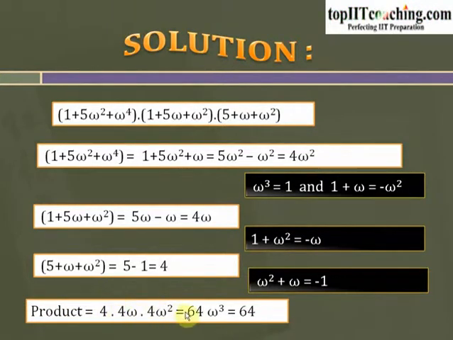When we multiply, we get 64 omega cube, and we know that omega cube is equal to 1. Thus the final value becomes 64. Thus the value of the expression is equal to 64. And so we have solved this problem.